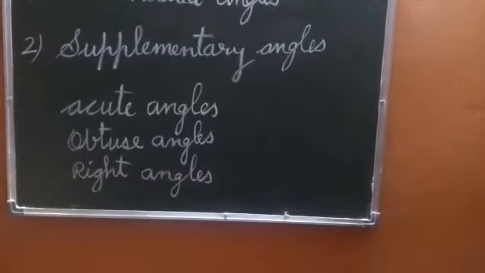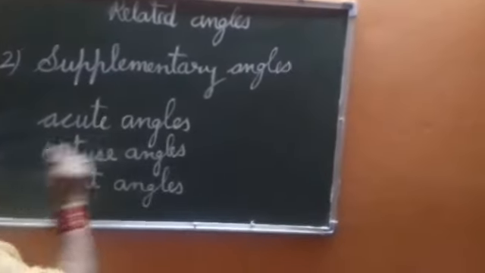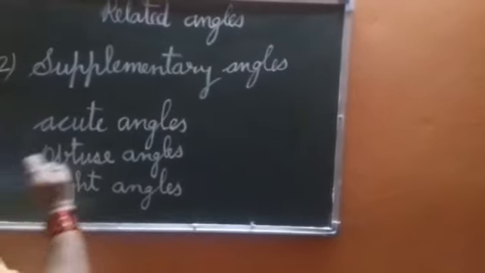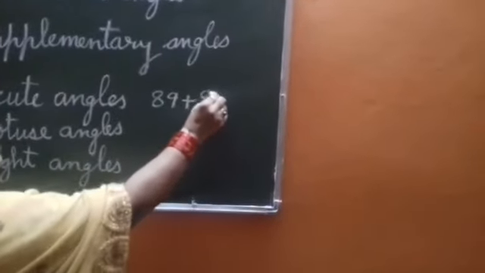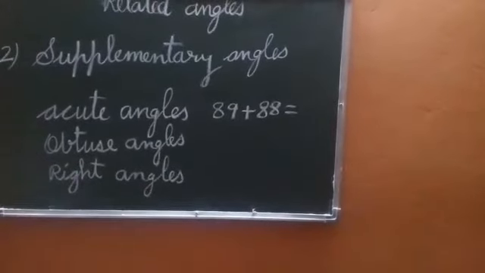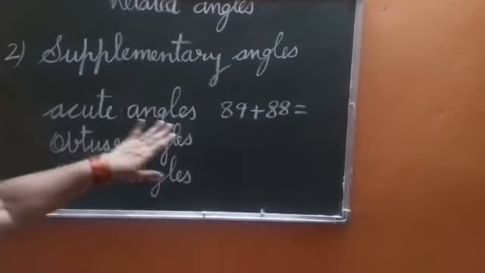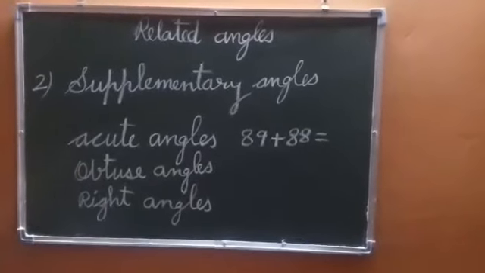Now when we talk about an acute angle, its measure is always less than 90 degrees. Now suppose we take angles equal to 89 degrees and 88 degrees, just one and two less than 90 degrees. In an acute angle, we are forced to take an angle less than 90 degrees, because the measure of an acute angle is always less than 90 degrees.